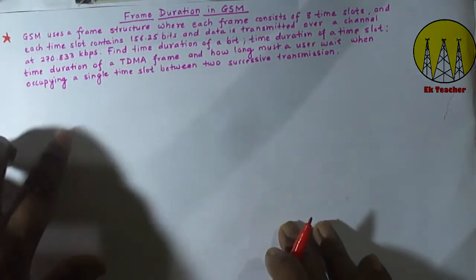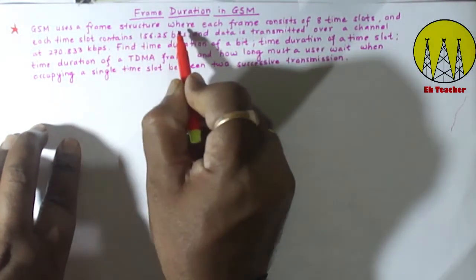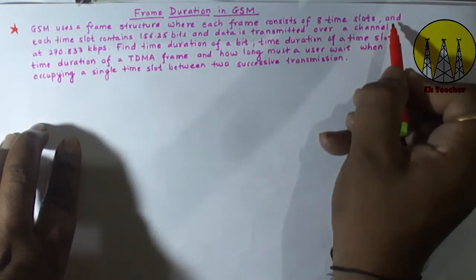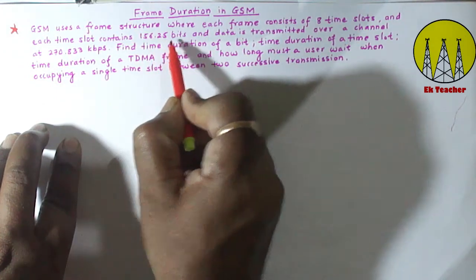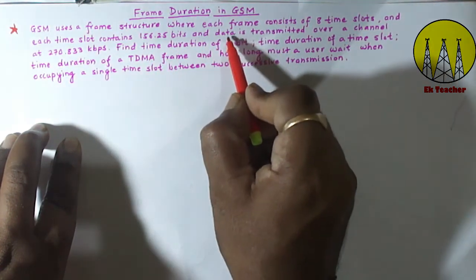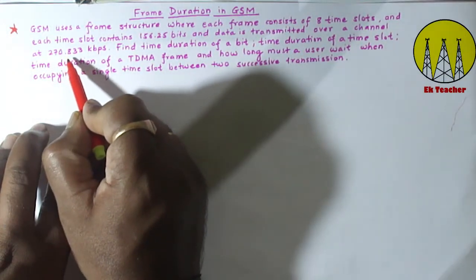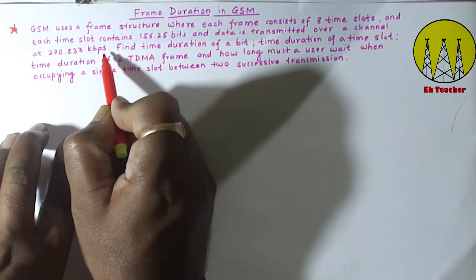The problem says that GSM uses a frame structure where each frame consists of 8 time slots and each time slot contains 156.25 bits, and data is transmitted over a channel at 270.833 kbps. So what is given here?